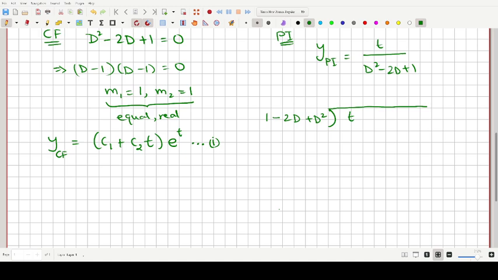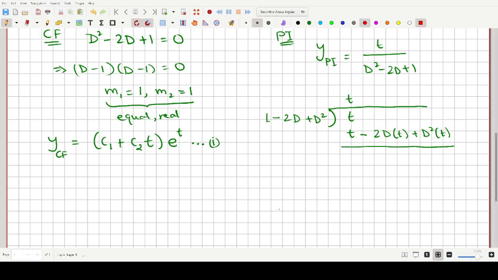Okay, now if we multiply the divisor by t, we shall get the term t here. But then we also will have minus 2 times D of t. So let's write it down: minus 2 times D of t plus D squared of t, and then we'll have to subtract them and write down the remainder over here.